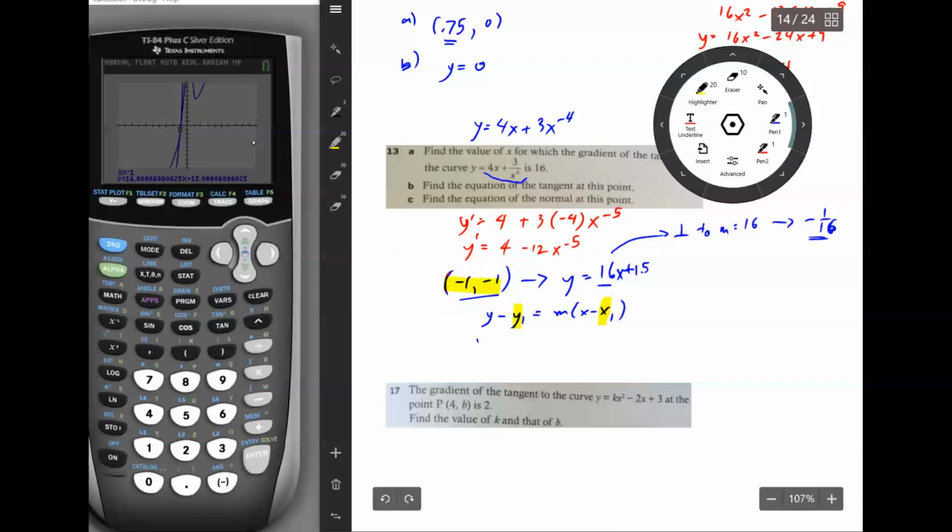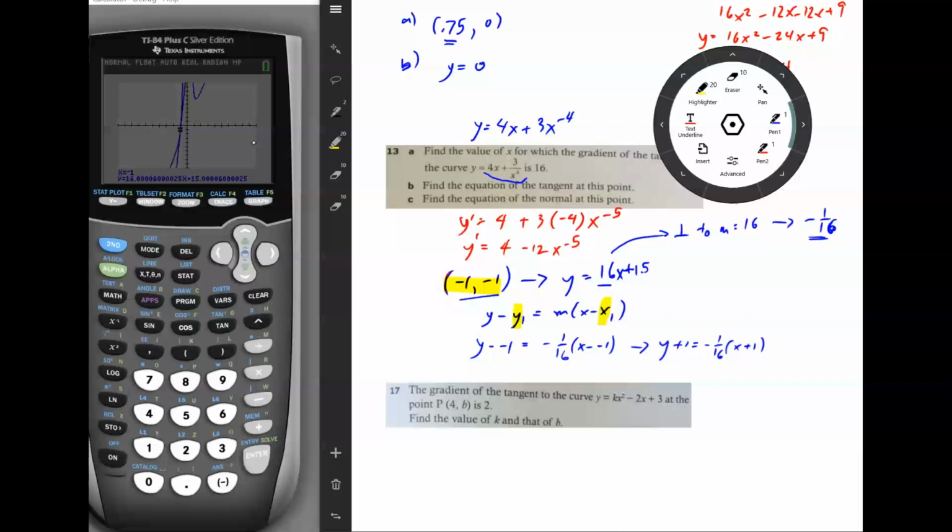So I'm going to put y minus -1 equals slope, which happens to be -1 over 16, x minus -1. Now, if I have two negatives in a row, that's positive, so I'm going to rewrite this in a nicer way. y plus 1 equals -1/16, x plus 1. Okay? And this could be the equation of the normal line. They didn't ask it in a specific form, so this is fine.